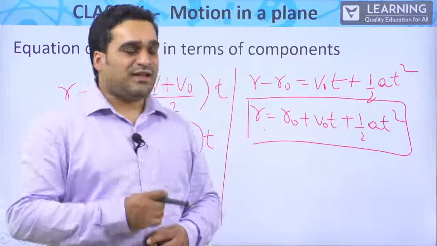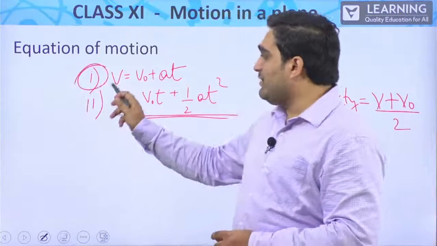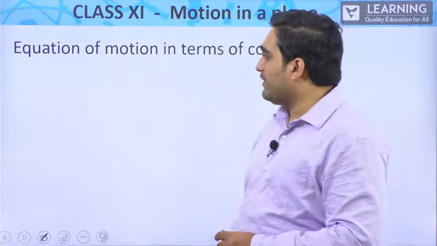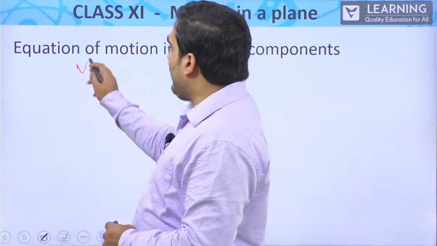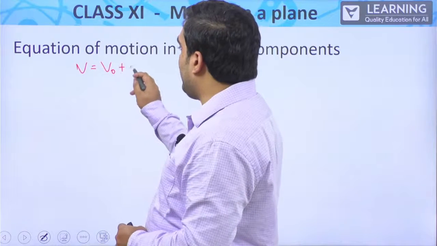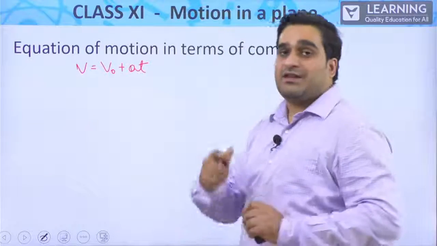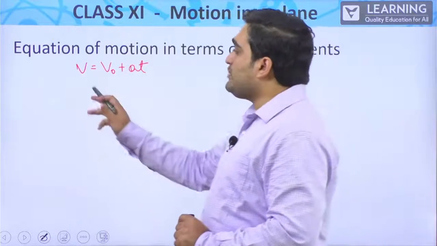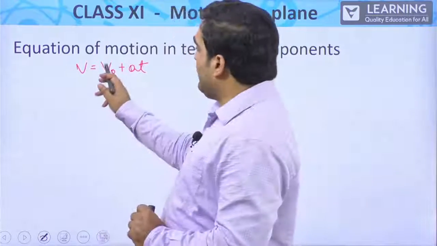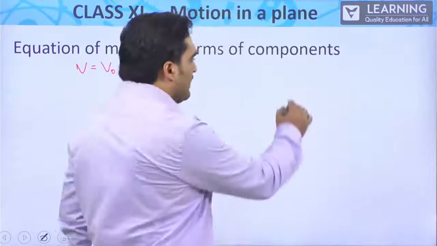Let's take the first equation, that is, writing this given equation in its respective component form. So we have the equation v equals v naught plus at, and when it has to be expressed in its component form, first we show the velocity along the x-axis. To explain you better, I can do that by using a graph.